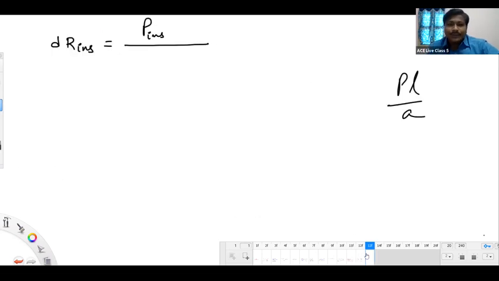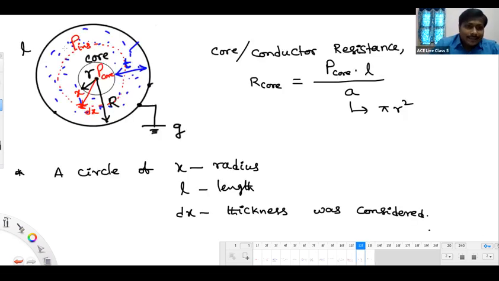Kindly observe. In this insulation, in which direction do we have the current? Is it horizontal to the screen or vertical to the screen?